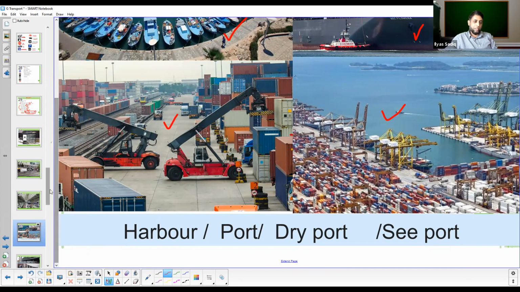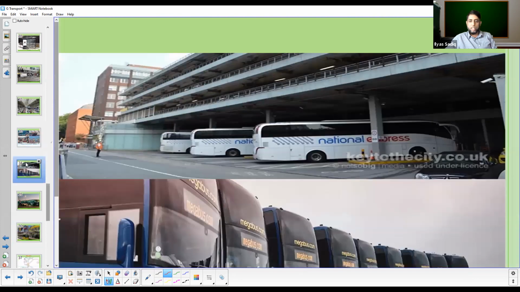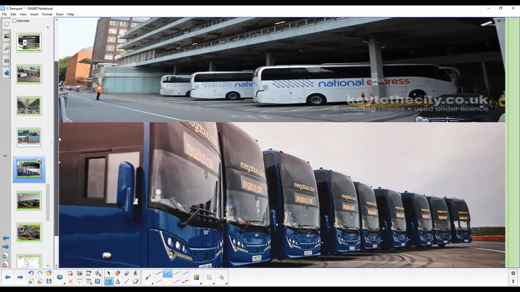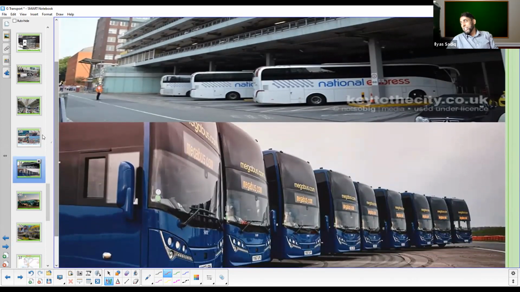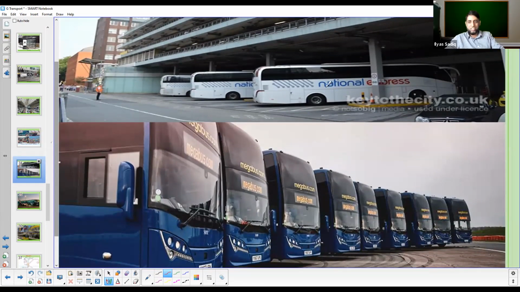All right, okay. Let's see what we have next. Picture. Okay. What is this called? This is a coach station. Yeah, well done. Thank you. It's not a bus, this is a coach. So this is National Express coach, and this is Megabus.